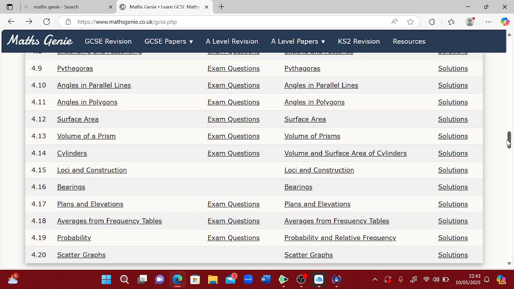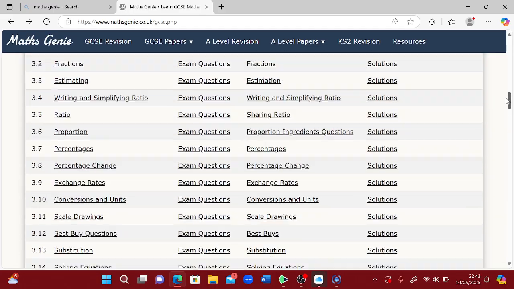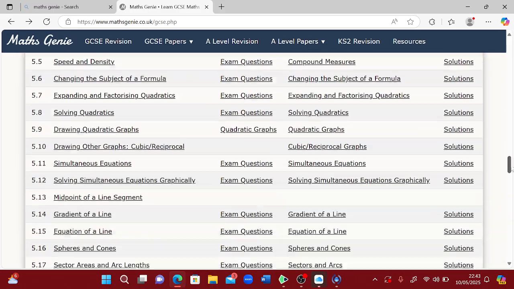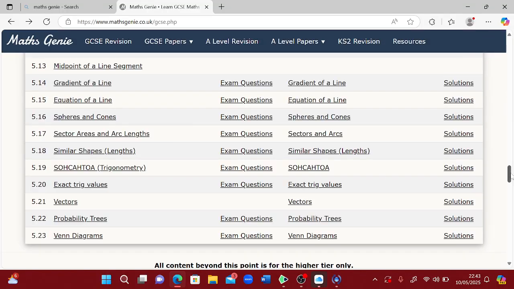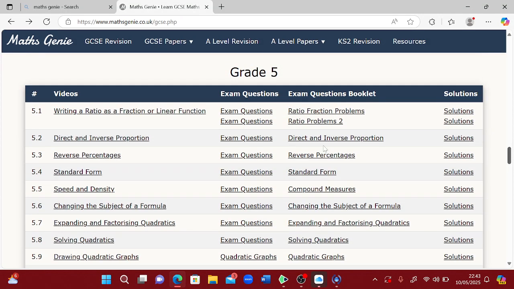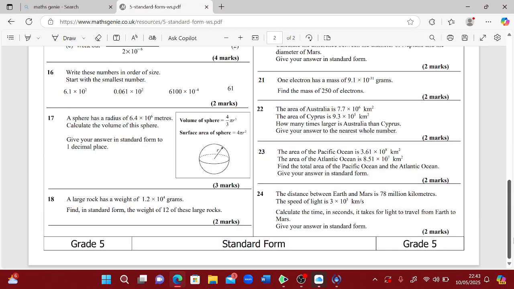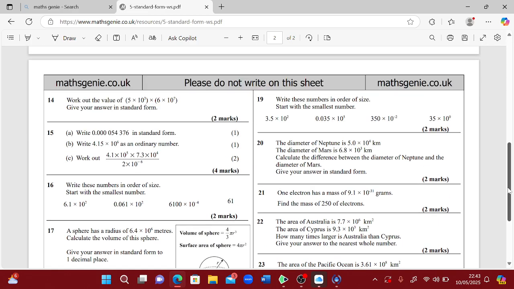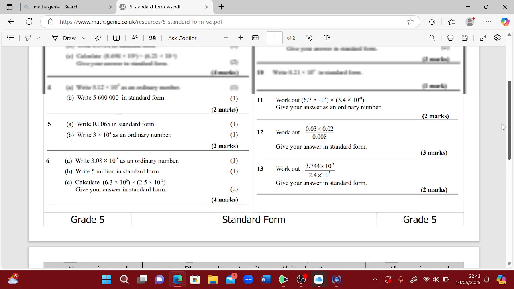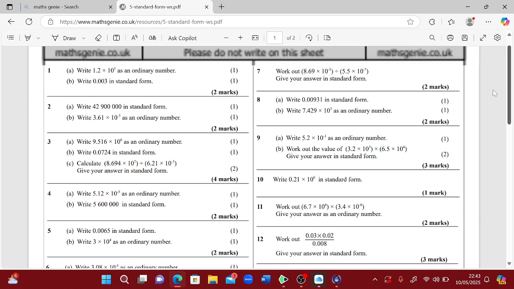Exact form. Standard form, sorry. Where is it? There it is. Lovely. There we are.